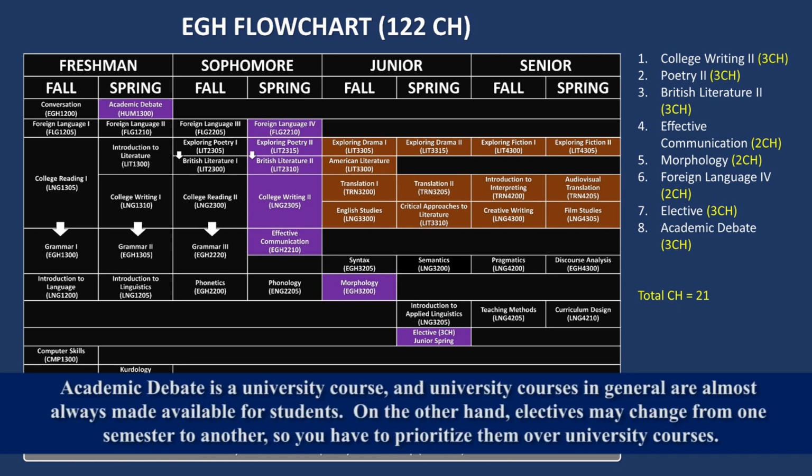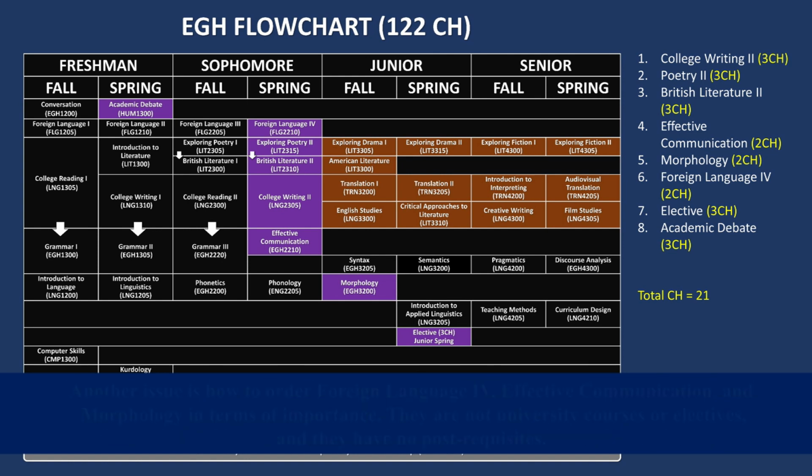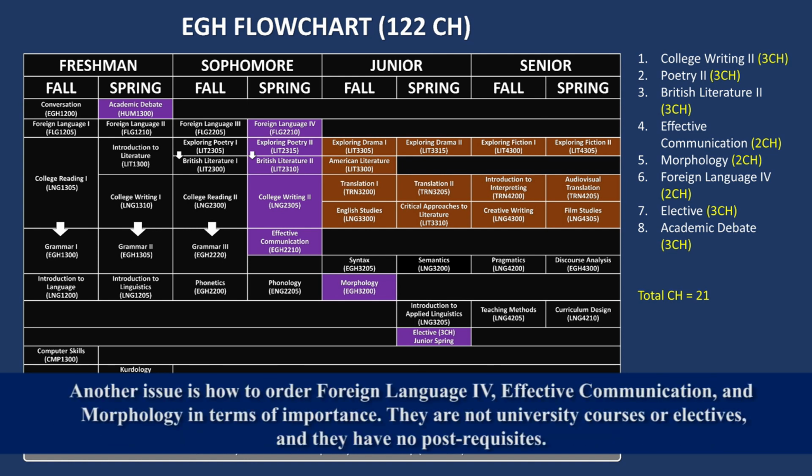Academic Debate is a university course, and university courses in general are almost always made available for students. On the other hand, electives may change from one semester to another, so you have to prioritize them over university courses.